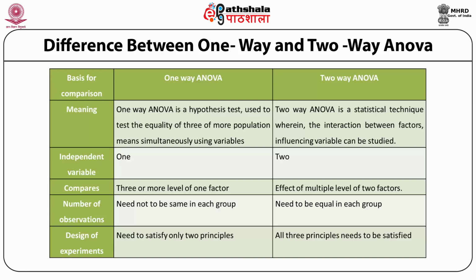While discussing the design of experiments, we discussed the three principles of design of experiments. The one-way ANOVA should satisfy only two principles out of that, and a two-way ANOVA has to satisfy all three principles of design of experiments.